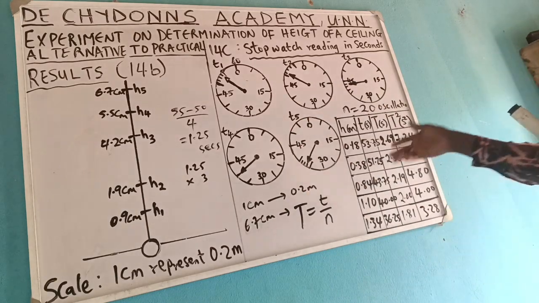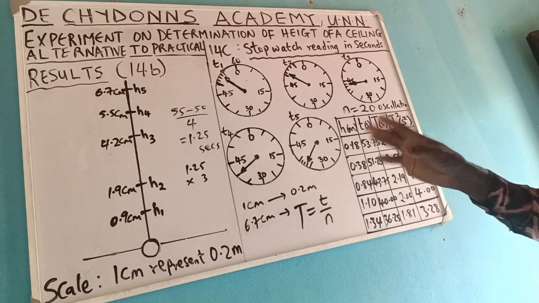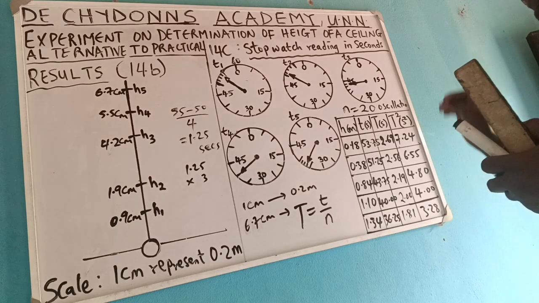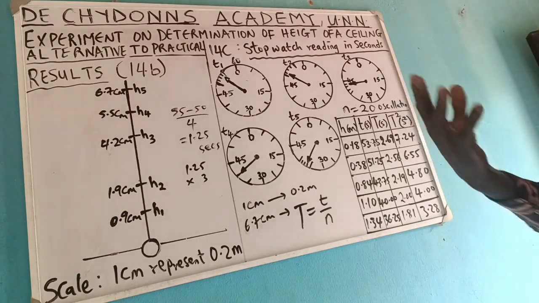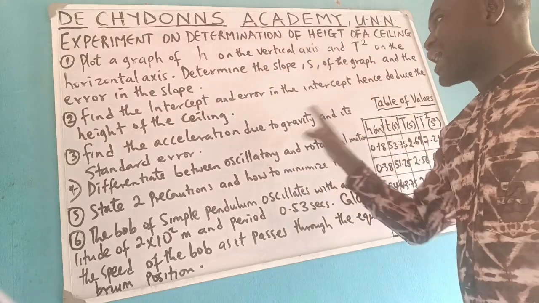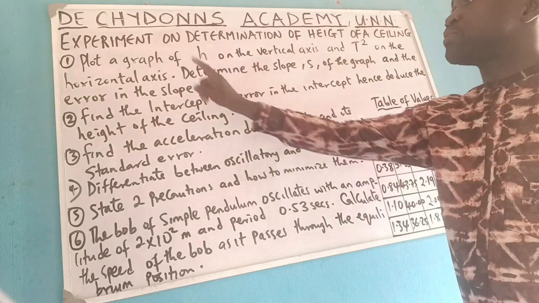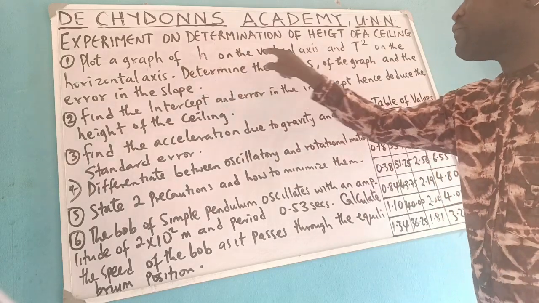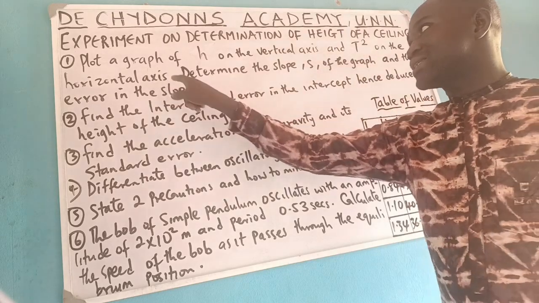Remember, we did approximations here. Next is to go to graph plotting and answering of questions. Let's see what they ask us to plot and how to answer the questions that follow. So these are the questions that we are asked to answer in this experiment. Question number 1 says, plot a graph of H on the vertical axis and T squared on the horizontal axis.